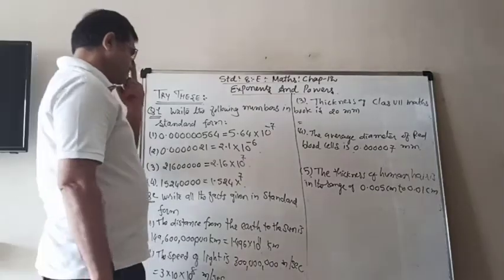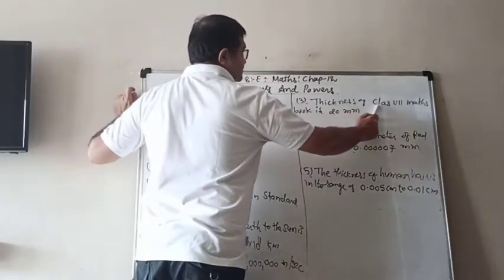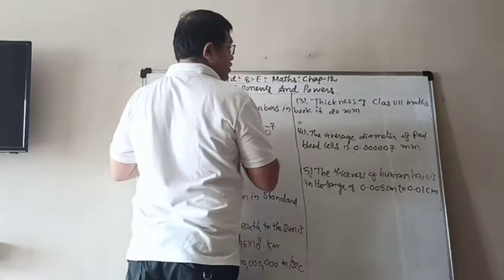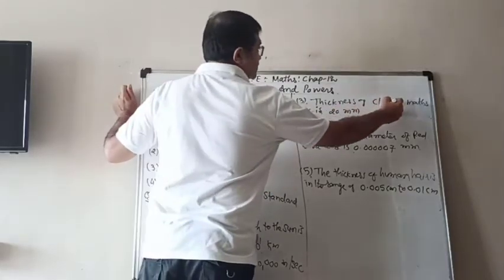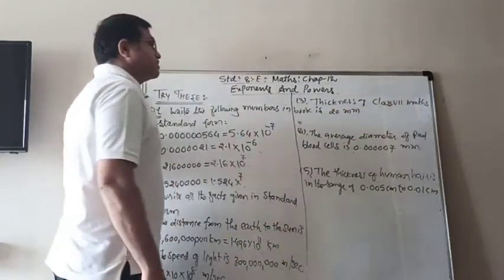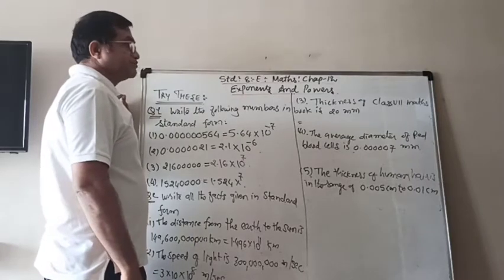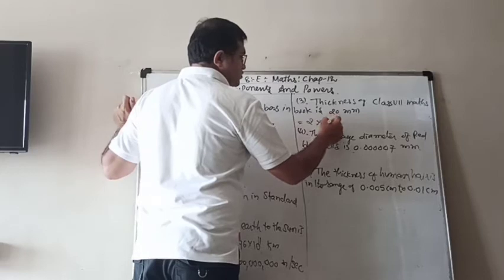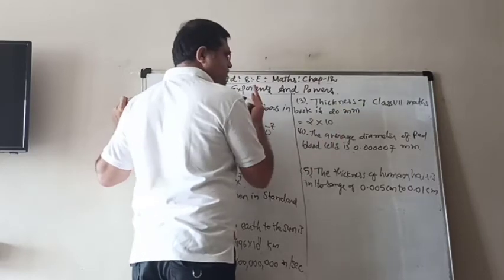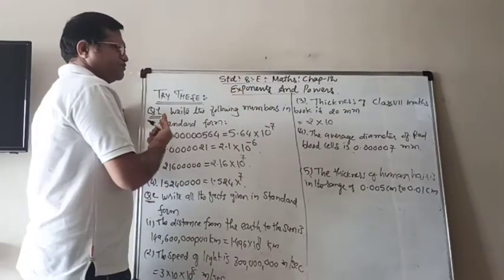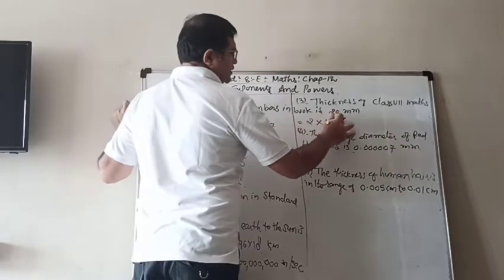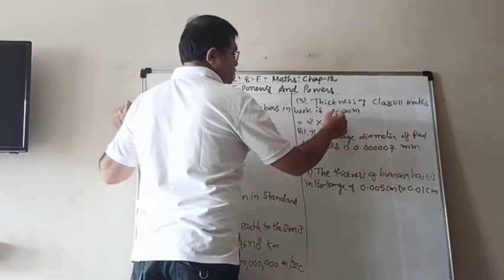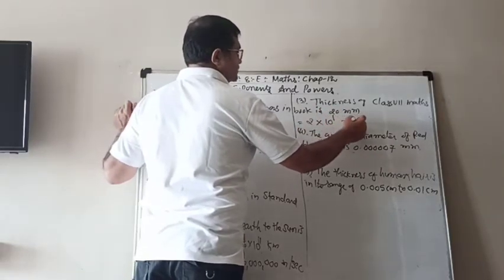Third one is the thickness of a class 7 maths book, which is 20 millimeter. 20 means 2.0 or 2 into 10 raised to. Now we move only one place, and therefore it is 2 into 10 raised to 1 millimeter.